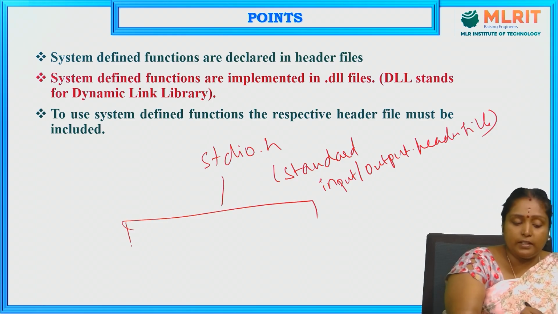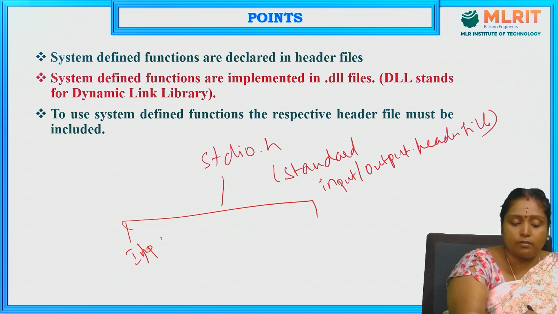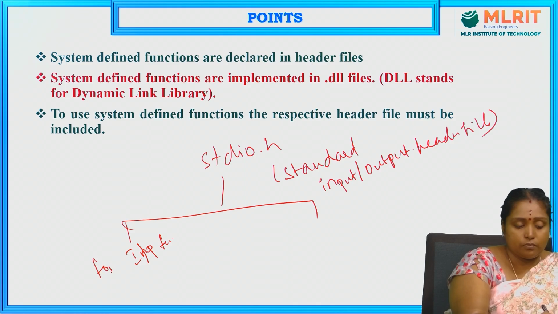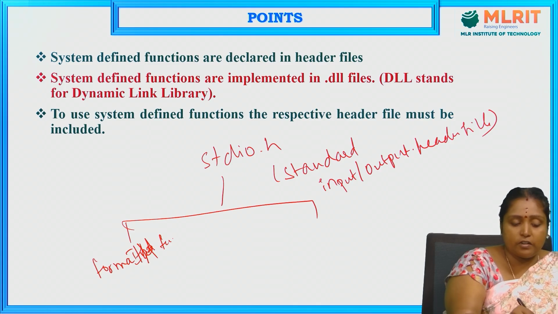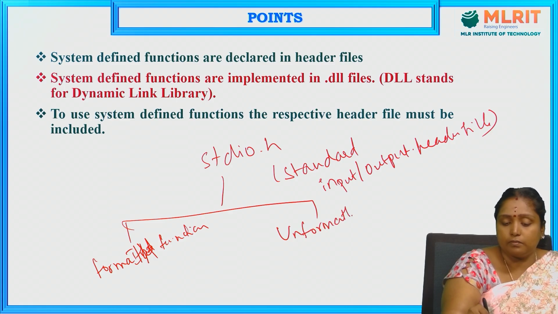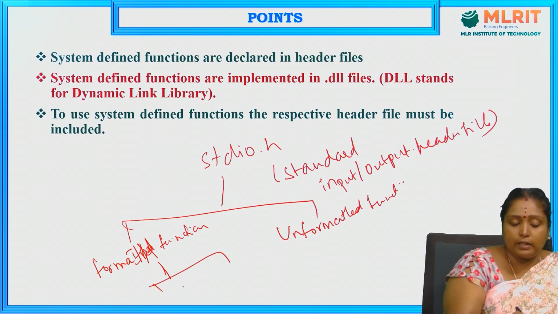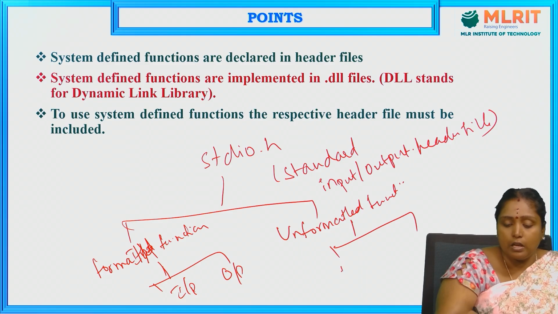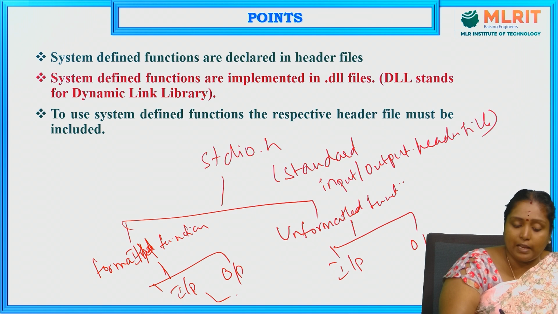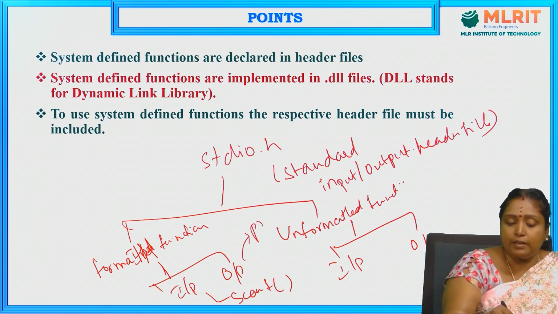We will have the input and output functions: formatted functions and unformatted functions. Formatted functions are again divided into two, input functions and output functions. Similarly, unformatted also are divided into input and output functions. In the input functions, we have the scanf function, and in the output functions we have the printf function.